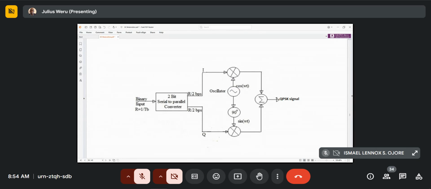You have your binary input at this rate, 1 over TB, and then a serial to parallel converter, which means at each time we are taking 2 bits and directing them to different modulators or multipliers. So we are creating I and Q.